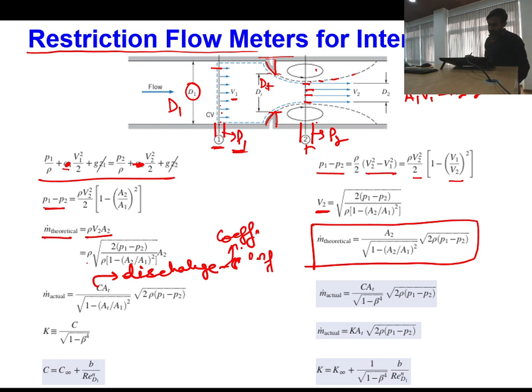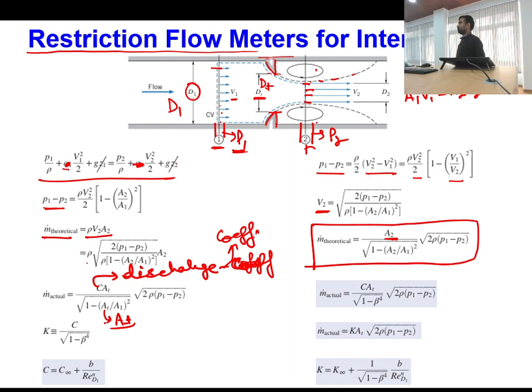Fine. Another assumption which I have made here is that I selected this coefficient C in such a way that the area A2 can be replaced with the area of the throat. So in place of A2, what I am using is AT, where AT is nothing but the area of the throat.